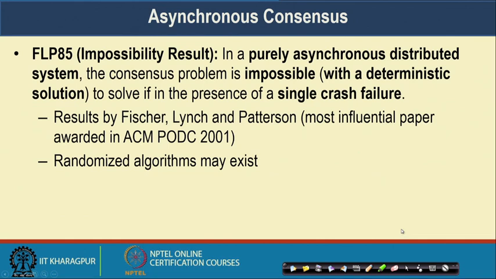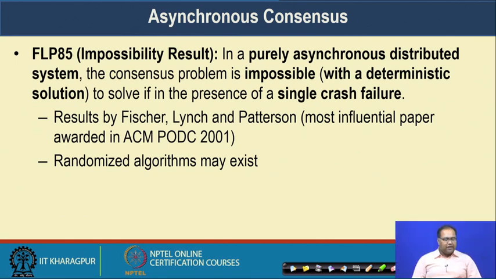Now, there is an interesting result. We call this result FLP 85, or sometimes people call it an impossibility result. The impossibility result states that in a purely asynchronous distributed system, the consensus problem is impossible with a deterministic solution if there is even a single crash failure in the system.